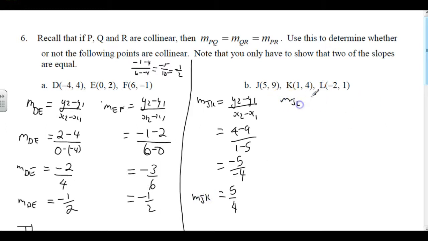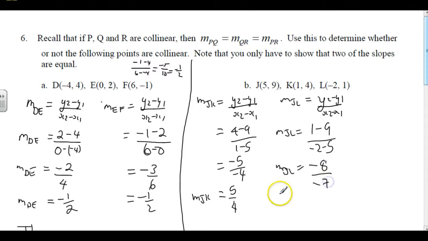Let's do the slope of JL this time. So the slope of JL is 1 minus 9 over negative 2 minus 5. That's negative 8 over negative 7, which is 8 over 7. So these are not collinear.